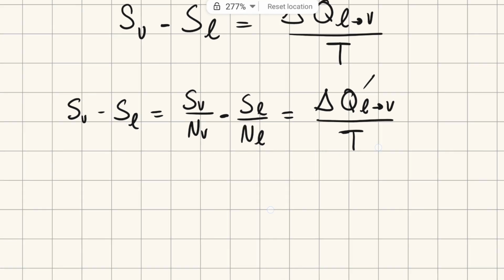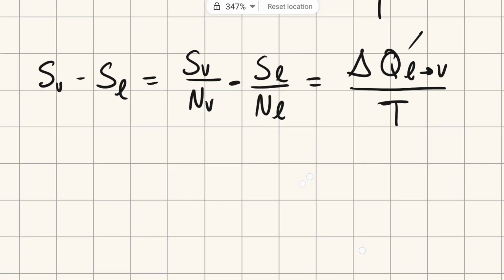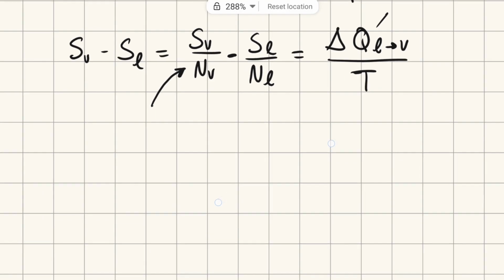In this case, we are considering entropies per molecule. That is an important fact.